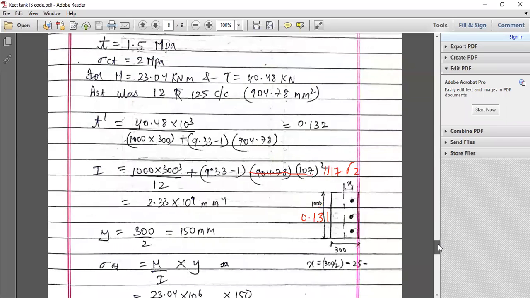So moment of inertia is BD cube by 12 plus area into h square plus m minus 1 into AST provided into h square. ठीक है, this is the parallel axis theorem. तो यहाँ पे AST provided will change and this x will remain the same. So what is the value of I?